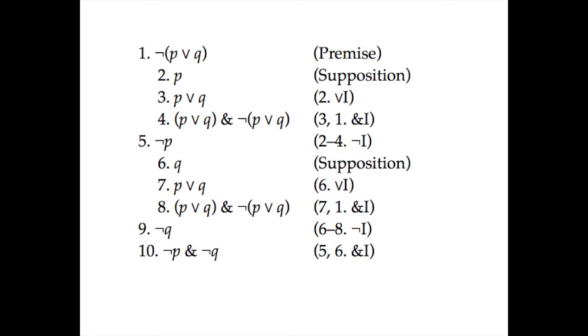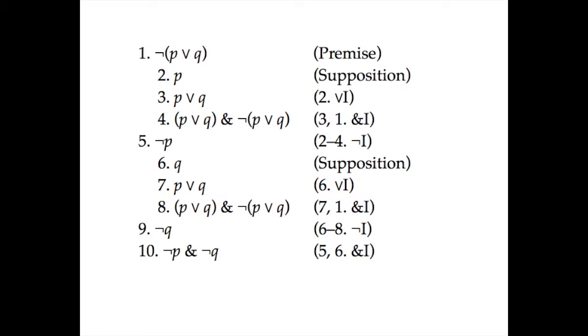And to use my and introduction rule to get my conclusion, I'm going to have to prove not P, and I'm going to have to prove not Q. And those two statements are both negations, so I'm probably going to have to use my negation introduction rule. All right, now, to prove not P, using my negation introduction rule, I just start out assuming that P, and then I use that supposition to prove a contradiction.